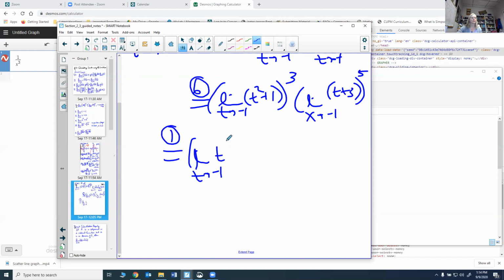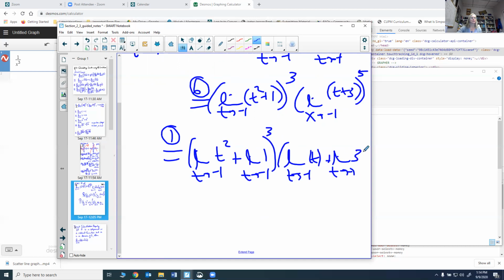So that would be the limit as t goes to -1 of t squared, plus the limit as t goes to -1 of 1, and that's going to be raised to the 3rd power. And then same thing here, we're going to have the limit as t goes to -1 of t, plus the limit as t goes to -1 of 3, and that's going to be raised to the 5th power.